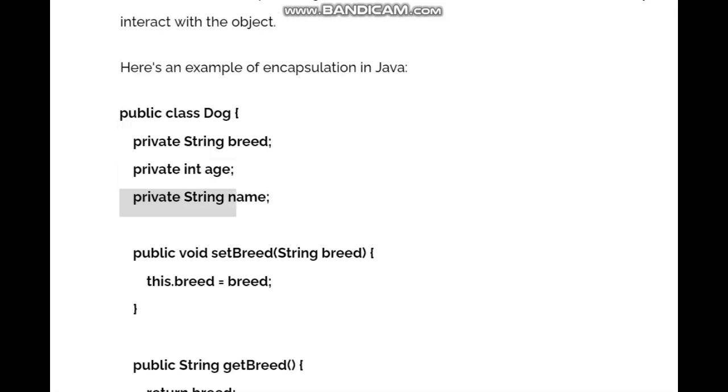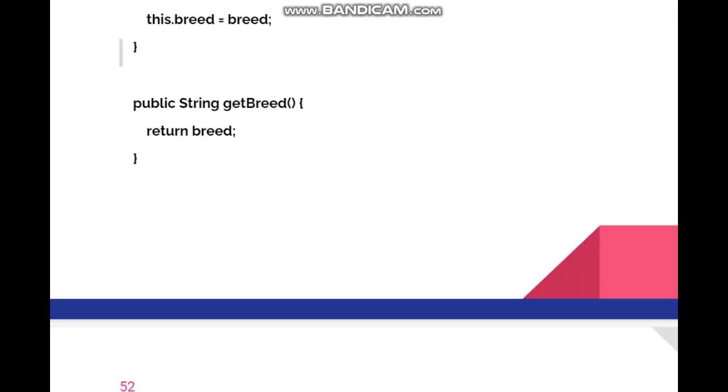Public void setBreed(String breed), this.breed = breed. Public String getBreed(), return breed.